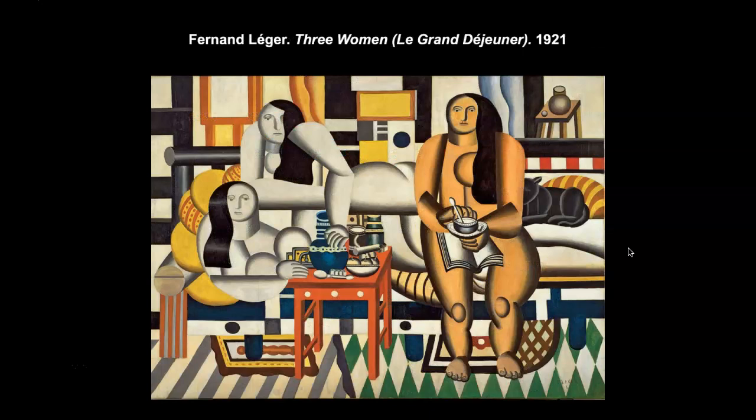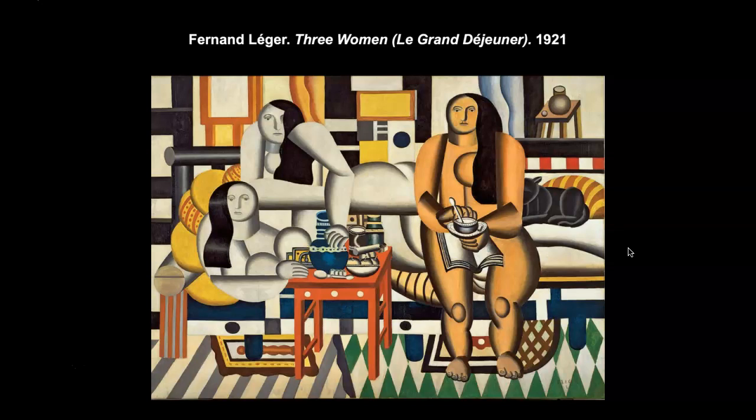Fernand Léger, Three Women, or Le Grand Déjeuner. Le Grand Déjeuner means great breakfast. Léger is a cubist. You can see that. He's also a purist. Purism means that he's reducing all artistic expression to abstract purity that reflected the machine aesthetic. So you can see that these three women have been abstracted into shapes.